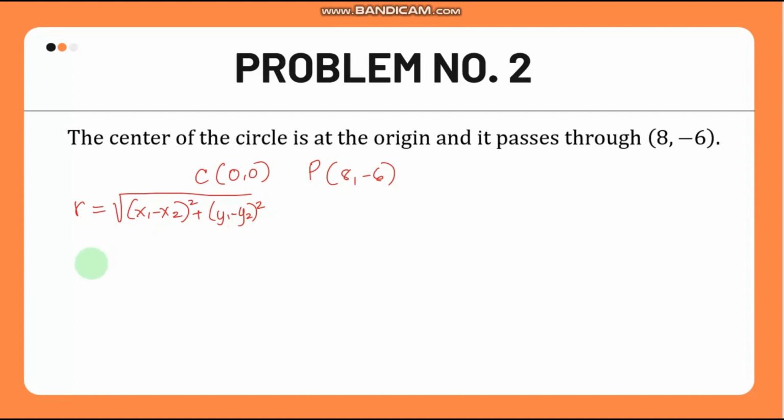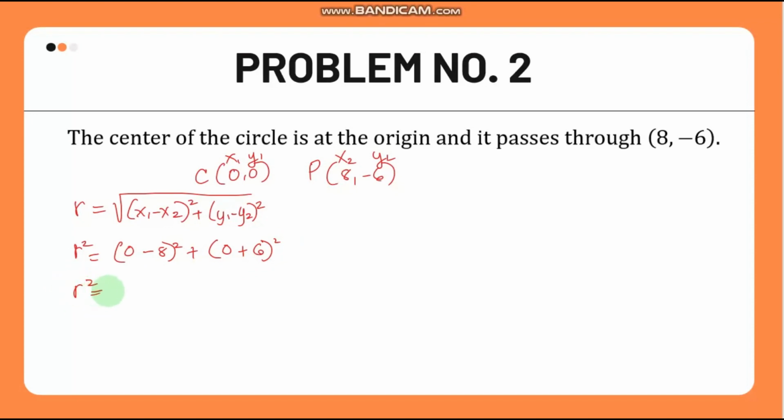Since we are looking at the equation, we can use r squared, then remove the radical sign. So this would be our x₁, y₁, x₂, y₂. By substitution, x₁ is 0, x₂ is 8, so (0 - 8)², plus y₁ is 0, then y₂ is -6, so plus 6 squared.